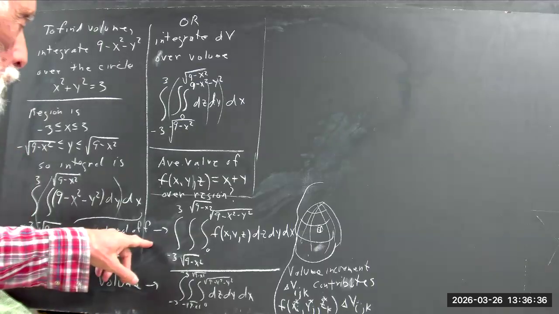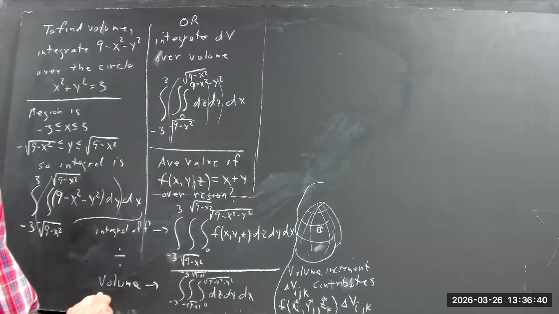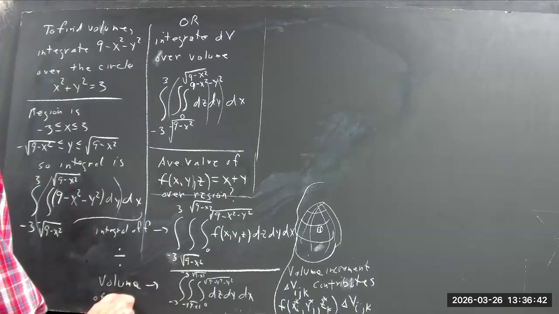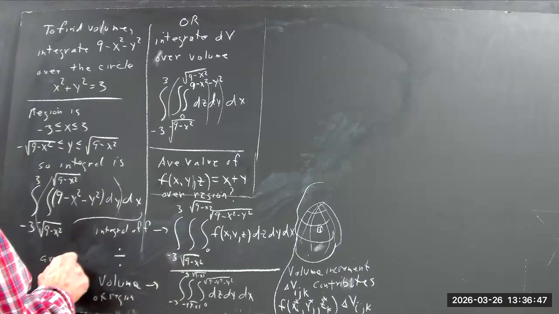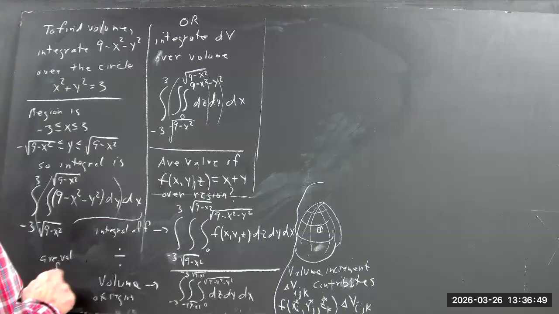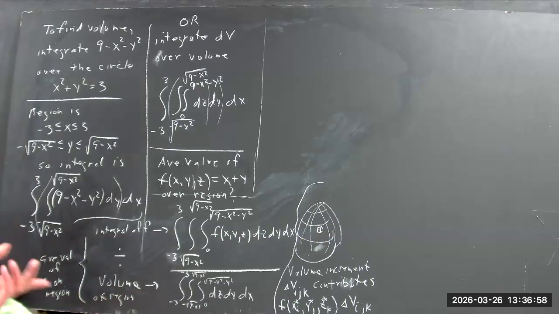So you got the integral of your function f divided by the volume of the region, which is the average value of f on the region.